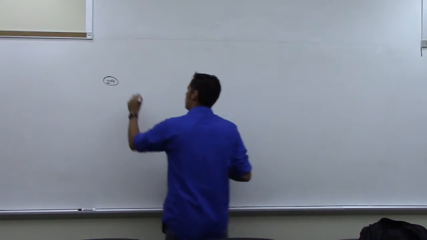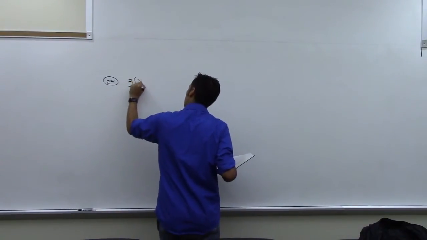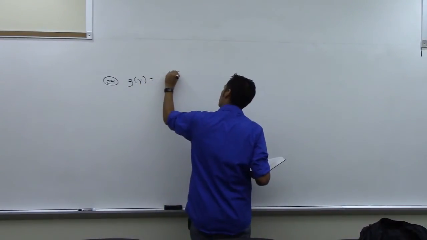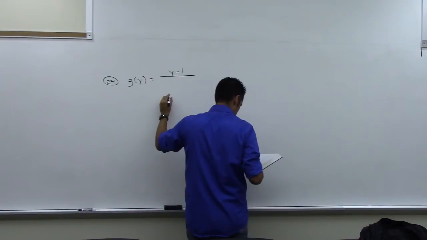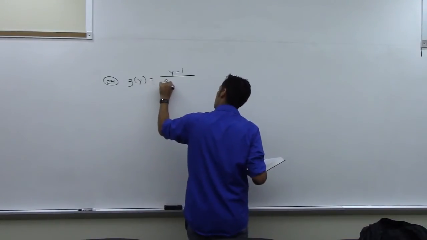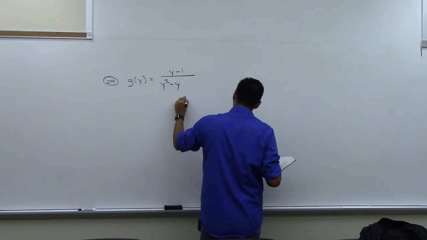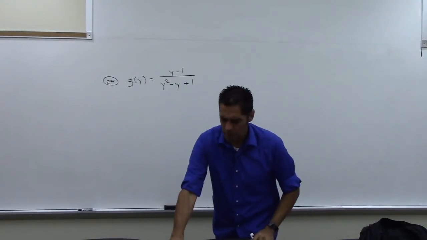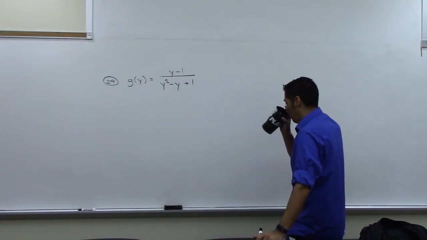g of y equals y minus 1 over y squared minus y plus 1. All right, so we want to know where we have any critical numbers here.